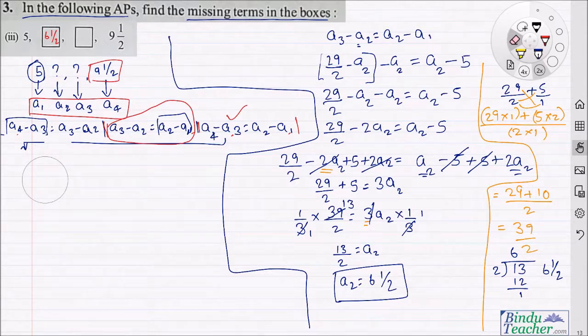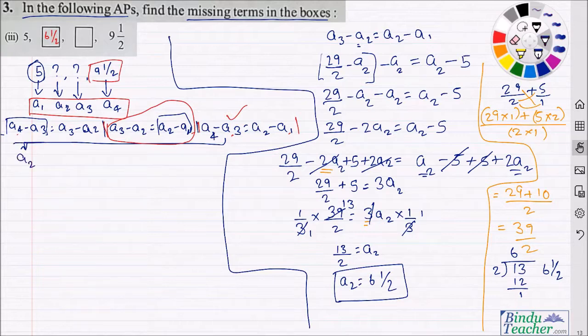Okay, so now I have place. Alright, so we have got the value of A2, which is 6 1 by 2, or it can also be written as 13 by 2. Now there is only one value left to be identified, which is A3.